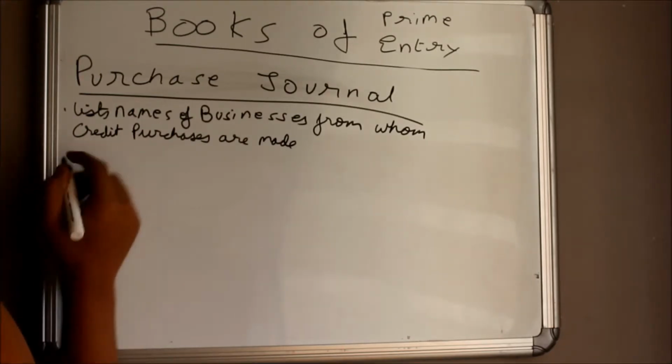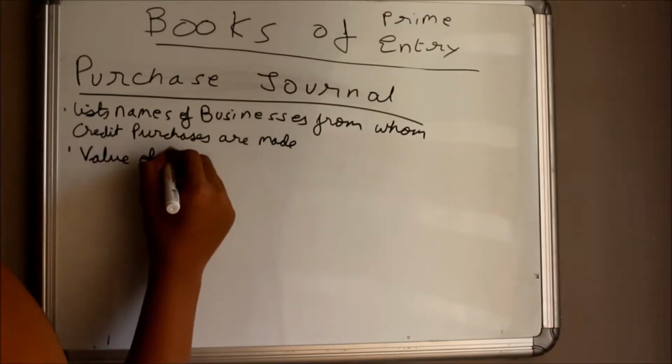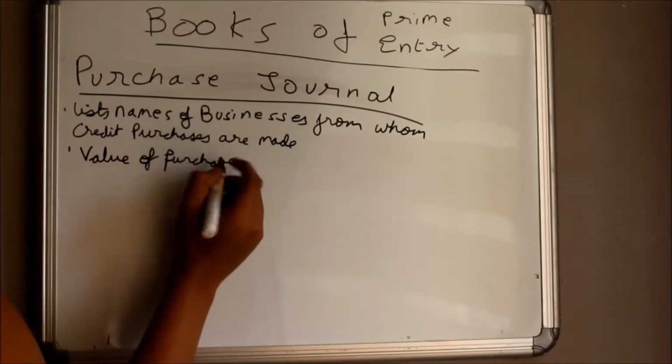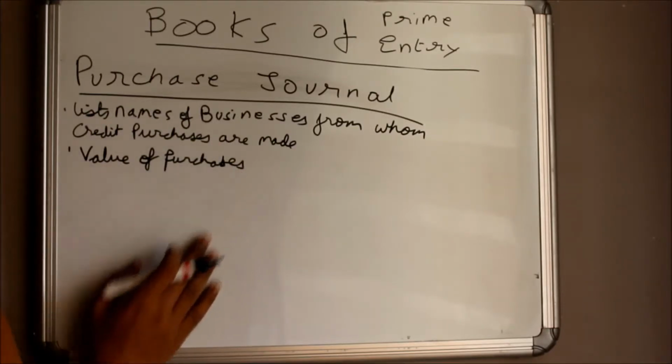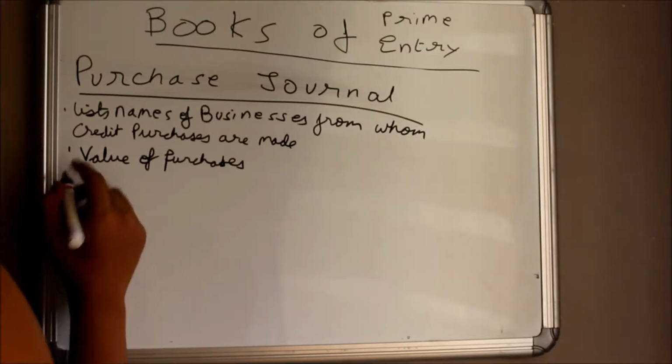It also lists the value of these purchases. So these entries are pretty similar, as you may have noticed, and only the content of these entries change. And then it lists the dates on which the purchases were made. I'm just going to write date.